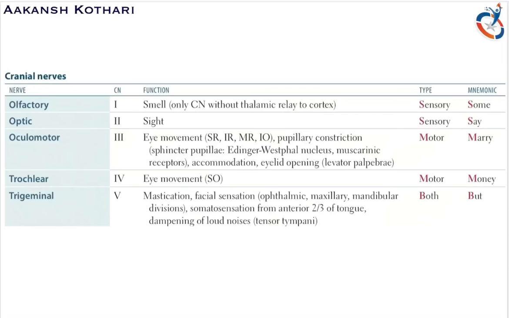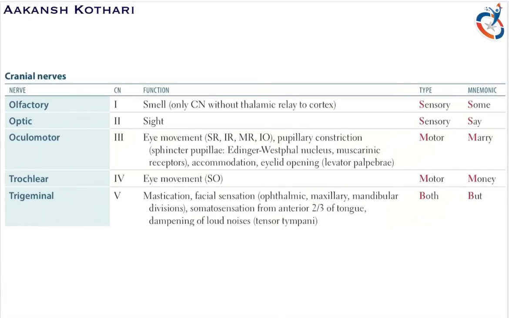Is this clear? So this is a mixed nerve which has both sensory as well as motor functions, and it is used in mastication, facial sensation, somatosensation from the anterior two-thirds of the tongue, and damping of loud noises.